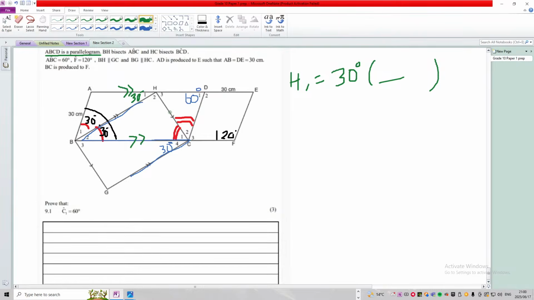Wouldn't H1 plus H2 plus H3 equal 180? Yes, that would equal 180 because of straight line. The problem is we don't have H2, we don't have H3.